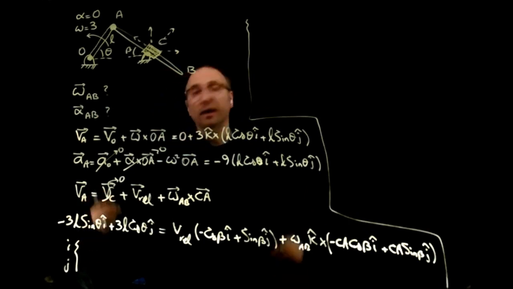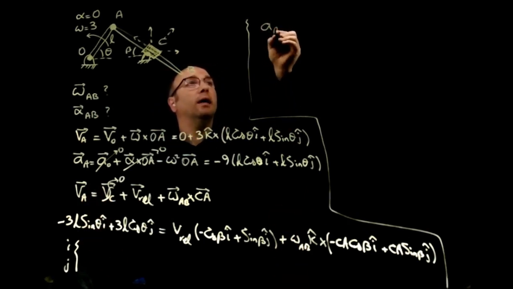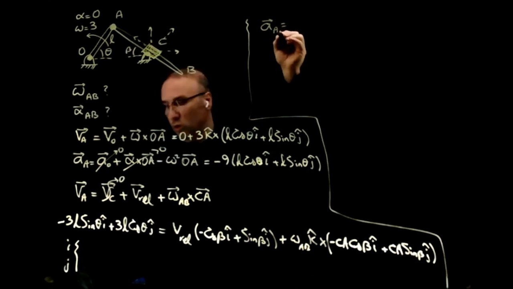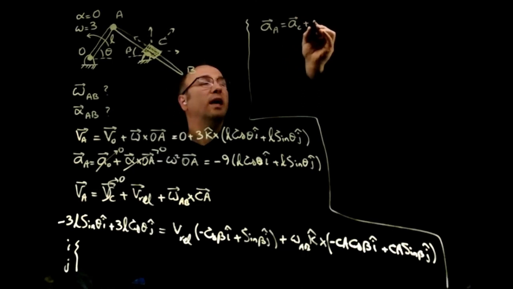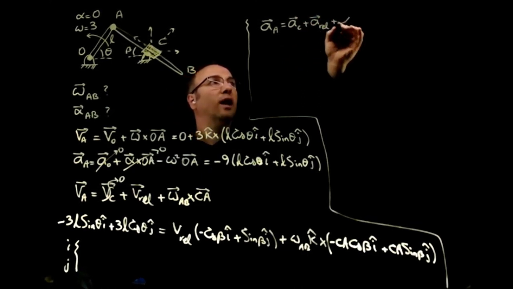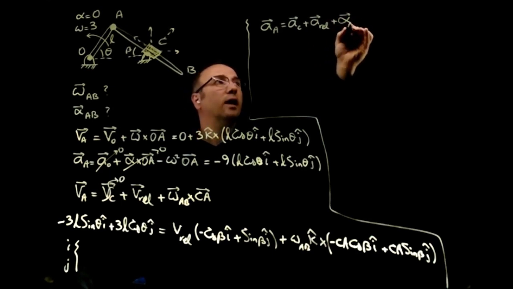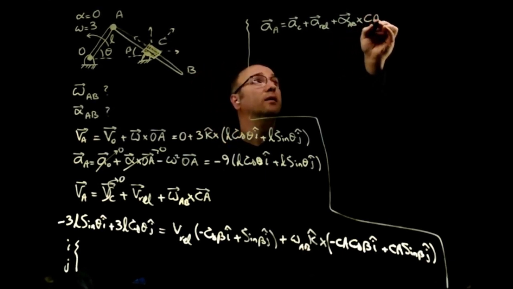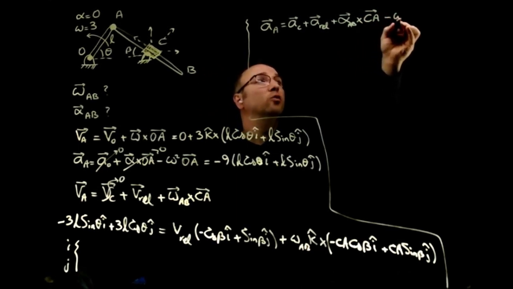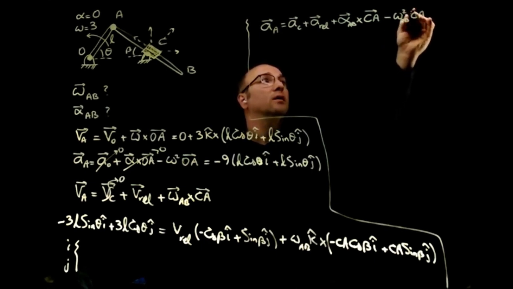we do the same thing. AA equals, this time I would have AC plus AREL plus alpha of AB cross CA minus omega squared, omega AB, CA.